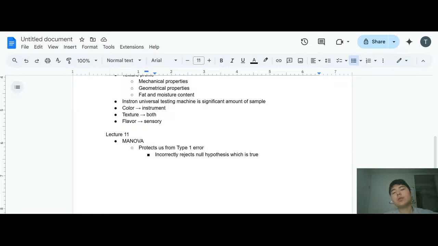If you fail with type 1 error, you reject the null hypothesis. So why does MANOVA protect us from the false positive? That is the point.